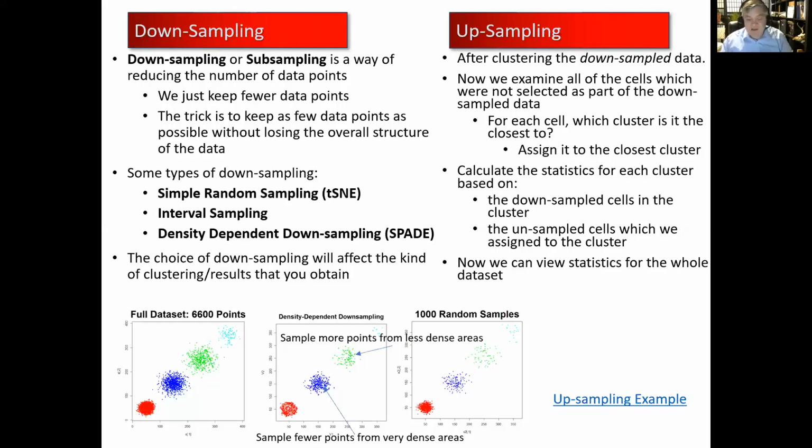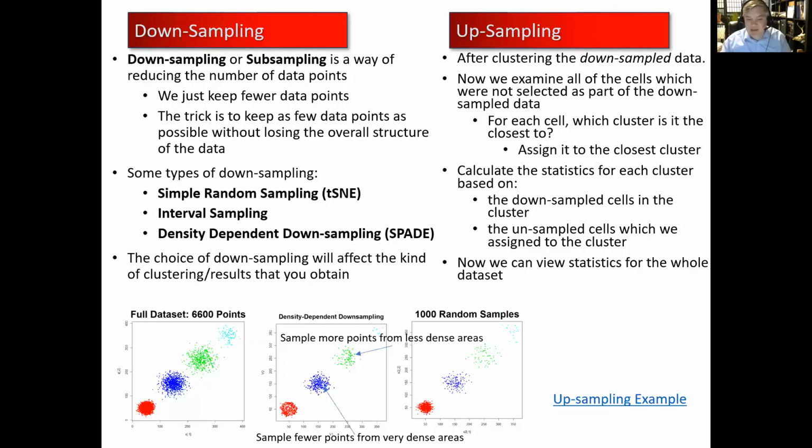What you have to do at that point is, all right, I've taken only 50,000 events of my 100,000 event data set. What are we going to do with those other 50,000 events that we didn't run the algorithm on? That's called upsampling. When we examine the cells that were not included in the algorithm, we can assign those events to what we define as the closest cluster or the nearest neighbor.